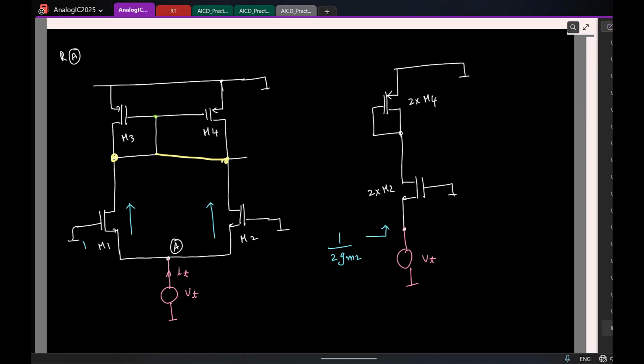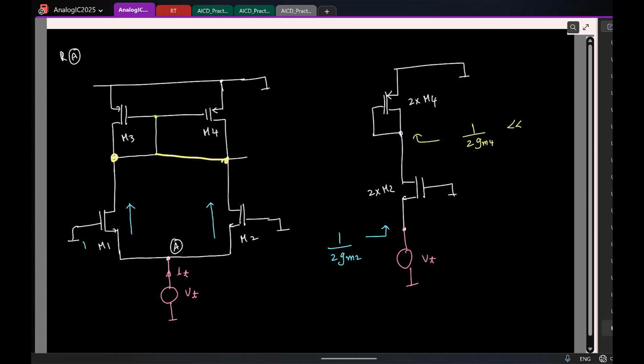Or, I mean, that's much smaller. R0 is much larger than which resistance? I mean, yeah, the effective resistance at the drain, right? So what is the resistance at the drain here? That's 1 by 2 GM4, right? As long as this drain resistance is much smaller than the R0 of the transistor, and here the R0 is R0 2 by 2, we can make the statement, and this typically is fine.